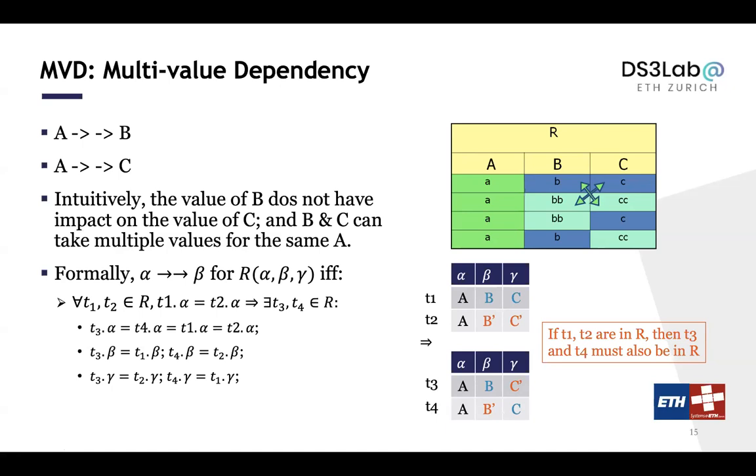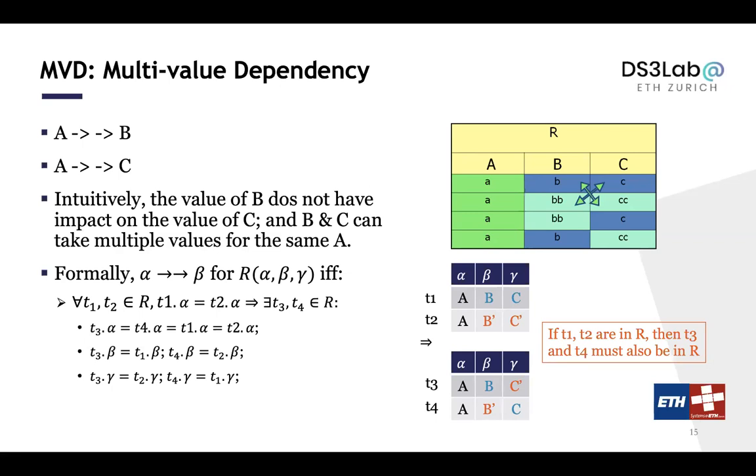I have T1 and T2, and I must be able to find the T3 and T4 that essentially swap the values of beta and gamma. If I can do that for every single pair of T1 and T2 that matches on alpha, then I say there's a multi-value dependency from alpha to beta. And similarly, because the definition is symmetric, whenever you have a multi-value dependency from alpha to beta, you will always have a multi-value dependency from alpha to gamma.